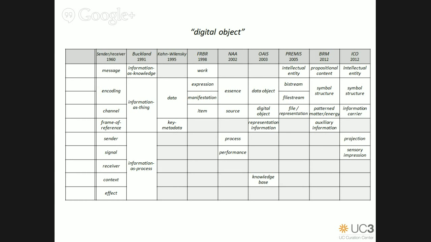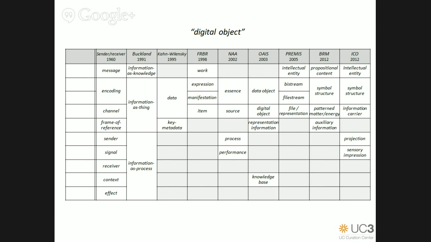Now I'd like to move on to this notion of a digital object, perhaps the term that most suffers from being overloaded and under-formalized. In essence, it means everything and therefore means nothing. We did a review of various efforts going back a number of years now, looking at definitions of digital objects, certainly starting with Kahn and Wilensky back in 1995.